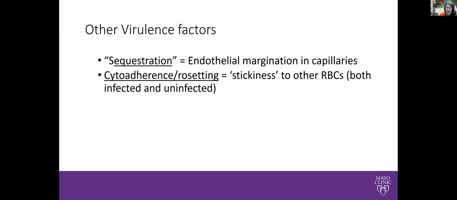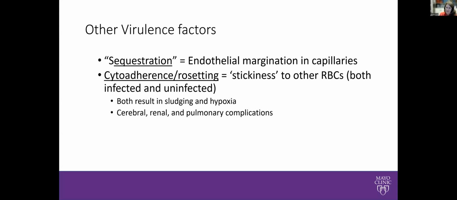So not only do you have infected cells sticking to the endothelial margins of your capillaries, but they're also sticking to other red blood cells. All in all, this just gums up the works. It ends up with sludging and hypoxia, and then you get some of those end organ manifestations like cerebral malaria.